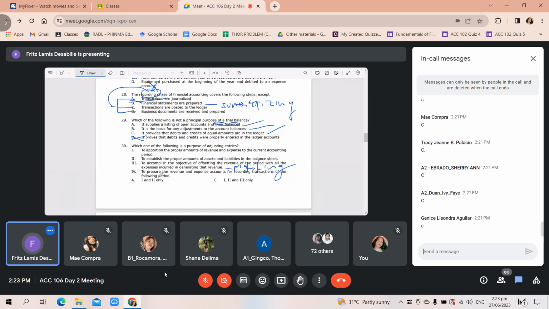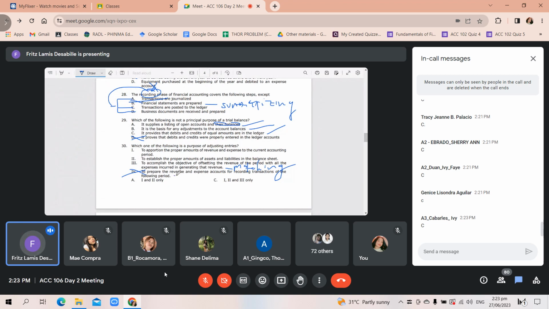Number four, to prepare the revenue and expense accounts for recording transactions of the following period. Okay, number four is wrong. Unsa ni siya, number four?